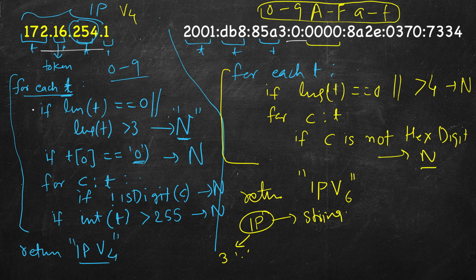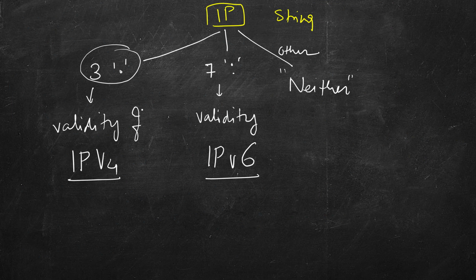So only one of them will be checked. If it's not among these, return neither. So no need to go further. Now let's write the code for this. Once you list down all the possibilities, writing the code part should be trivial, provided you know how to split strings in different languages. So let's write it in all the 3 languages, C++, Java and Python.